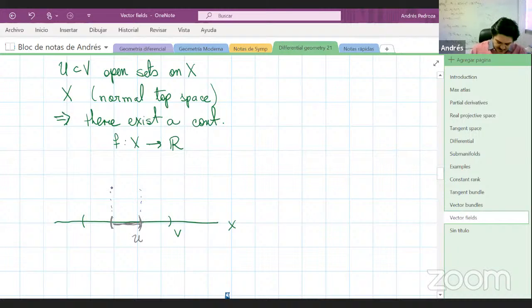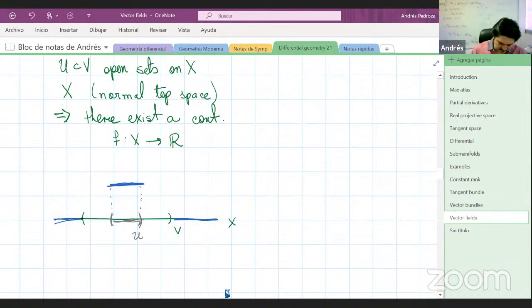On U, the function equals 1, constant 1. On the complement of V is 0. But it has to be continuous, so something like this.